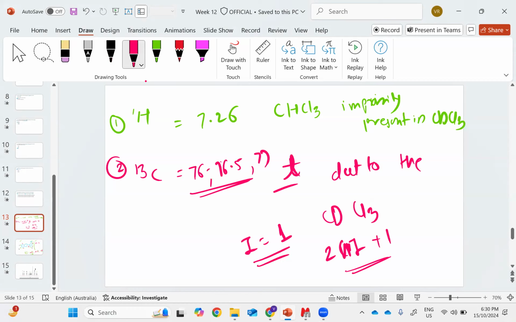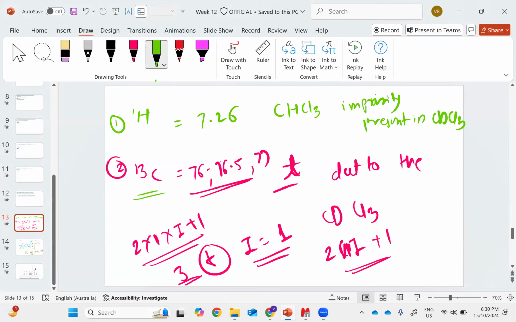Although we have only one deuterium, if you look at this formula, 2 multiplied by n, where one deuterium is present, multiplied by I, which is 1 here, plus 1. If you calculate this, it will simply be 3. So that's why we get the triplet in the CDCl3, sorry, 13C spectra. So don't get confused in this case.